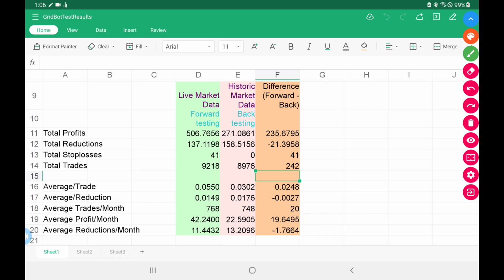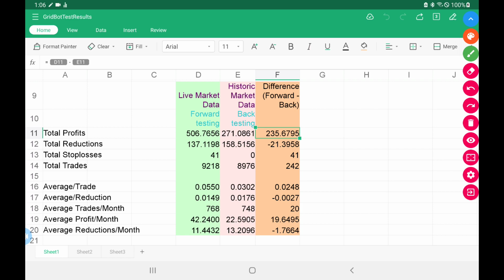The strategy works perfect. The floating grid has been proven to be incredible. But the fact that the differences in total profits is so drastic is a bit of a disappointment between backtesting and forward testing.